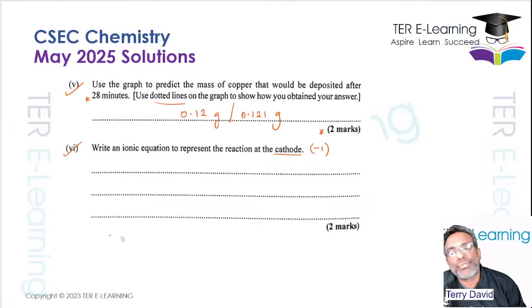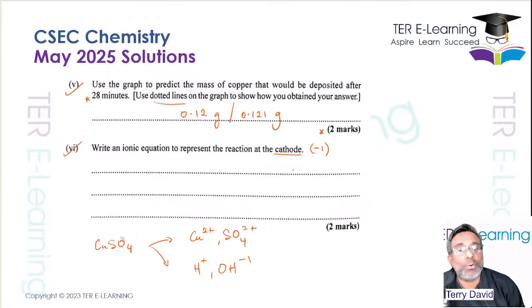When it comes to aqueous copper 2 sulfate, so CuSO4, the ions present in solution would be Cu2+ and SO4 2-. We also have H+ from the water, and you have OH- from the water as well.